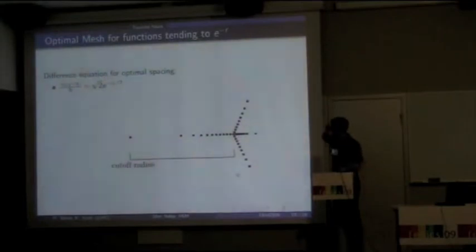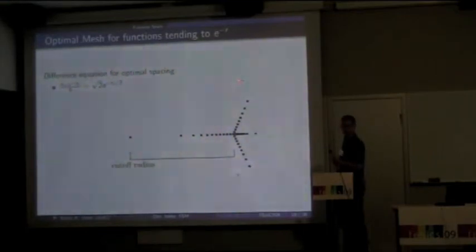Because we're doing problems where the solutions must necessarily die off exponentially, we can very easily derive a difference equation that gives us an optimal spacing for this mesh. And this is done by looking at the error at the midpoint of a cell.